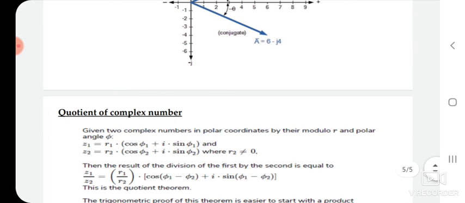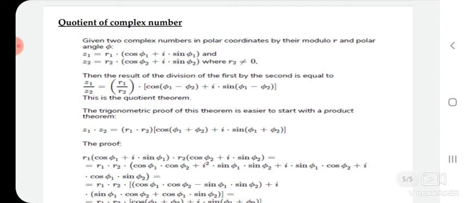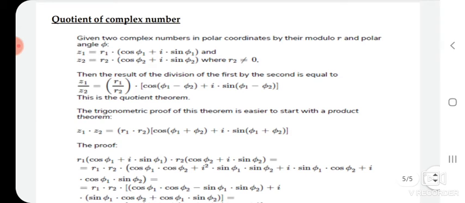Now, quotient of a complex number. In this case, we have to represent a complex number in terms of the spherical polar coordinate system. As we know, the Cartesian coordinate system can be represented with the help of x, y, z coordinates.